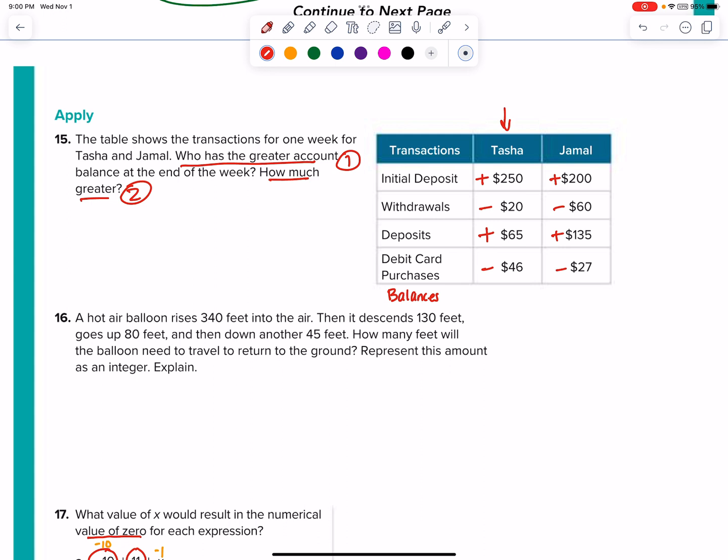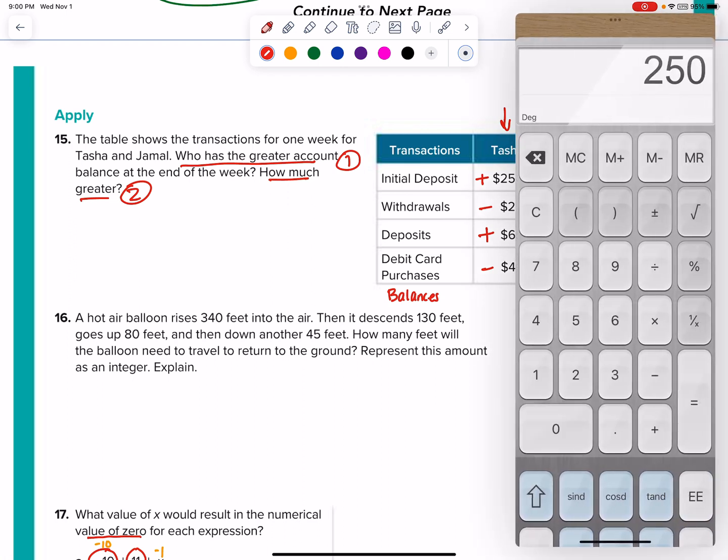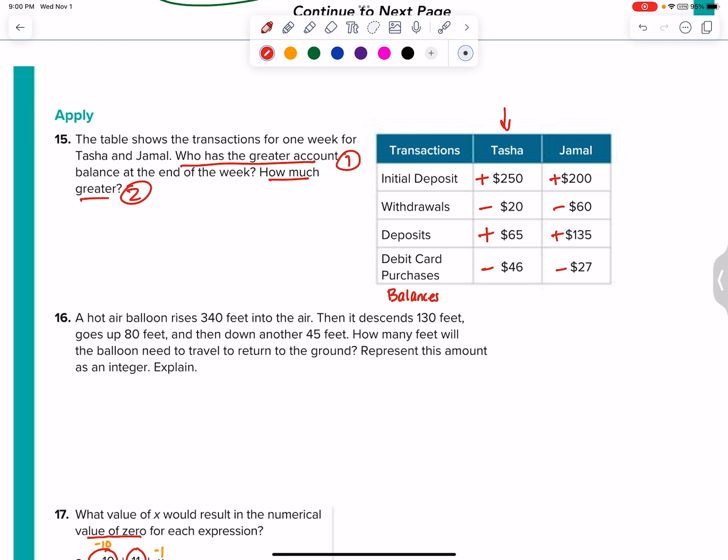Okay. So first, I'm going to just be making some little notes. So we have 250 and a negative 20. Okay. So same signs, add and keep, different signs, subtract. So we're doing 250 minus 20, which is obviously 230. So right now I'm at positive 230 for Tasha. Okay.